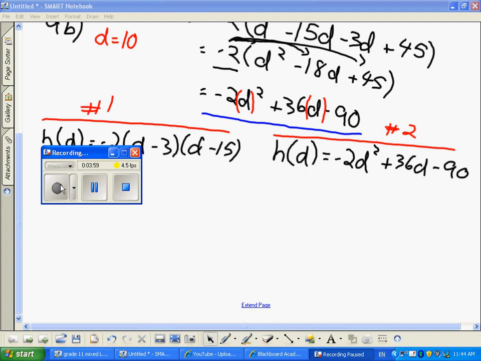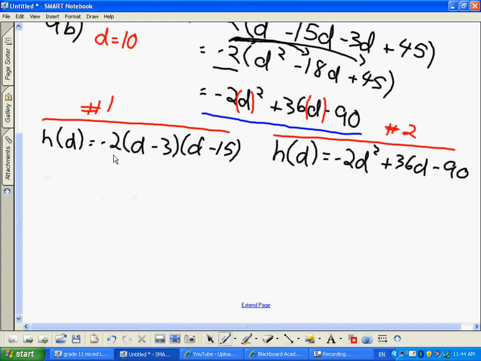Yes, Simeon. I'm going to put the value of 10 in for those two D's. So we'll do the left, equation number 1, first. -2, 10 subtract 3, I replace the D. And 10 subtract 15, I replace the D there.